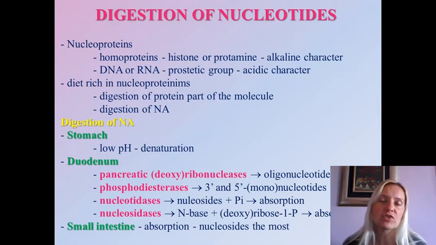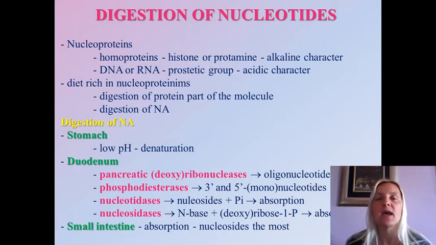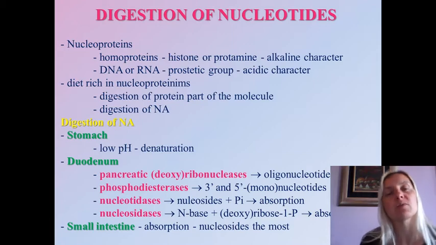So, digestion of nucleic acid starts in the stomach, and because of the very low pH of the stomach juice, DNA and RNA from dietary sources are denaturated and thus separated from the protein moiety, and the structures and bonds are exposed to the action of other digestive enzymes. So the digestion actually continues at the level of duodenum, like for all other biomolecules.